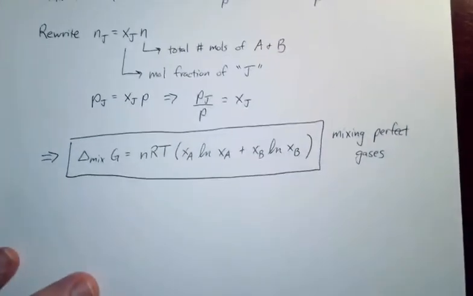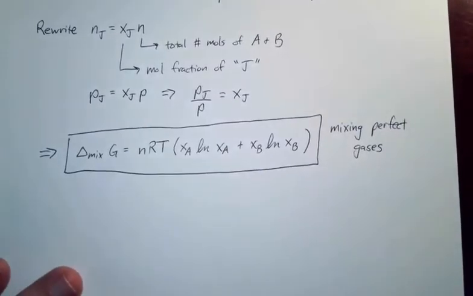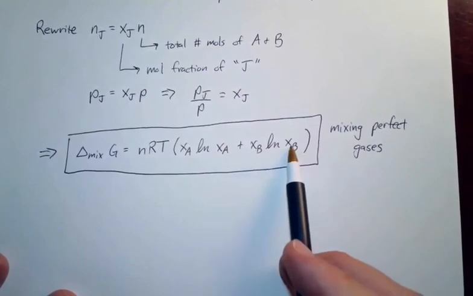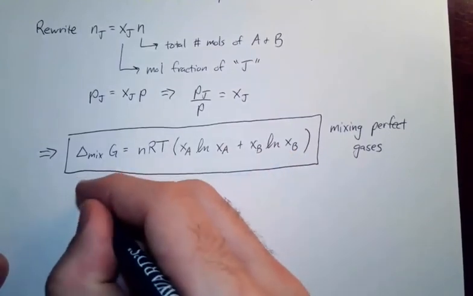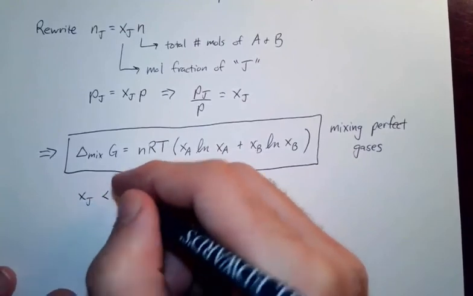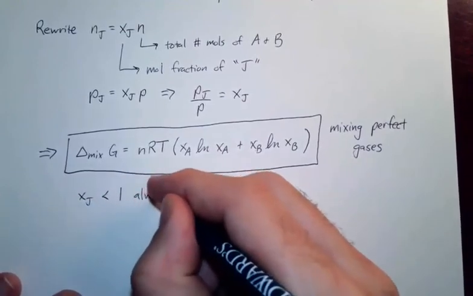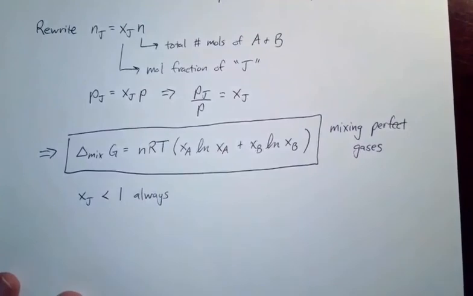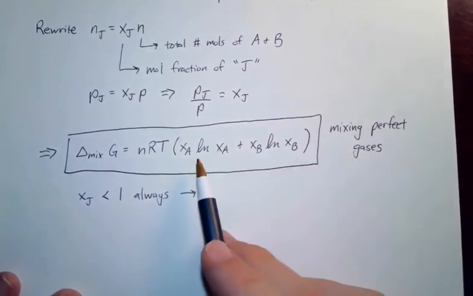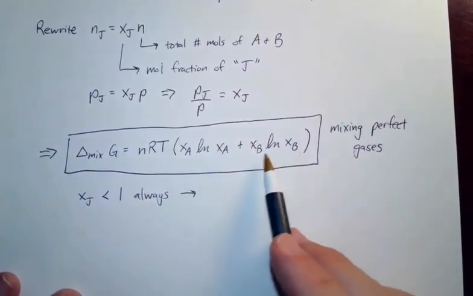And something to note here is that these x's are fractions, right? Fractions of a whole. So xJ is less than 1 always, because something cannot make up more than 100% of the total. And if that's true, then ln of something less than 1 is negative.